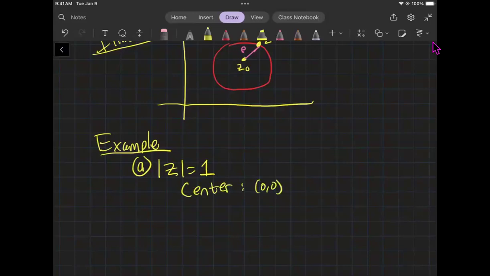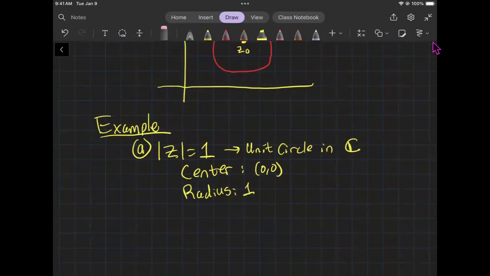The center is at the origin, and the radius is 1. So this is how you would define the unit circle in the complex plane. I'm going to denote the set of complex numbers as this blackboard letter C with a bar in the middle, right? So that's the set of complex numbers.